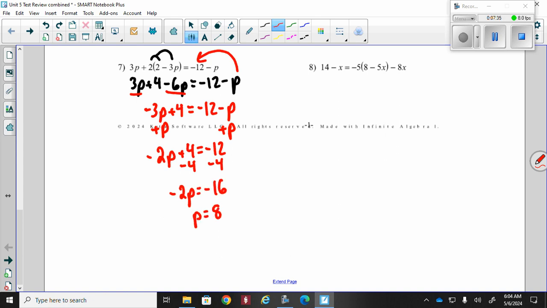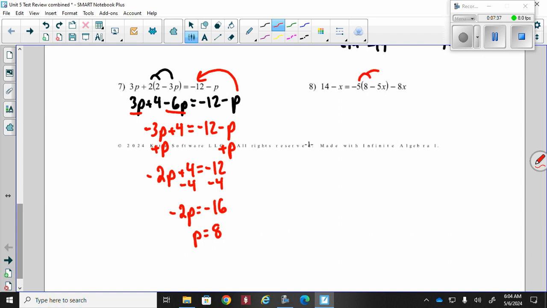All right, question number 8, same concept. I'm going to take this -5, distribute. So 14 minus x is equal to -40 plus 25x minus 8x. I'm going to go ahead and combine this just because it's right next. Remember, you don't have to do opposite when you're not going across the equal sign. So that'll be -40 plus 17x. All right, now I'm going to take the 17, throw it over here.